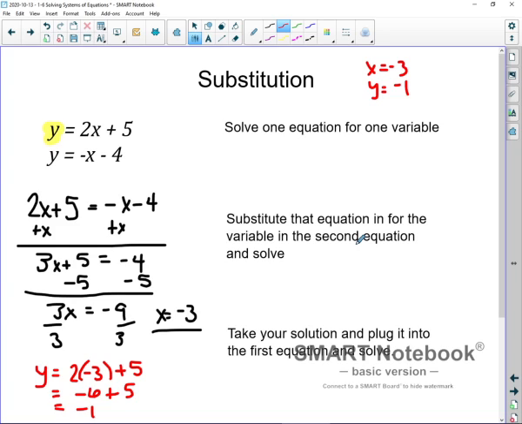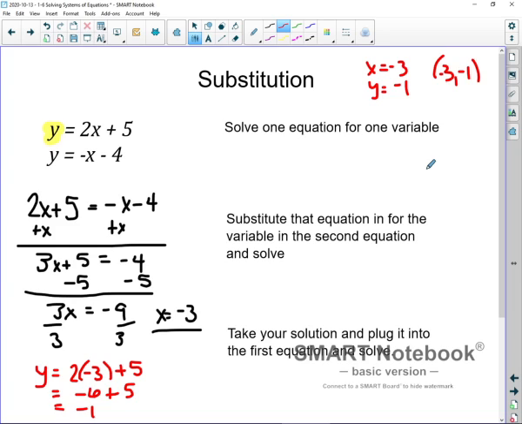Now, if I were to graph these two equations, right, if I were to graph y equals 2x plus 5 and y equals negative x minus 4, I should see that they cross at the point negative 3, negative 1. And I'm going to leave that for you guys to verify. You can go out to Desmos, type in these two equations, and see that they cross at negative 3, negative 1.